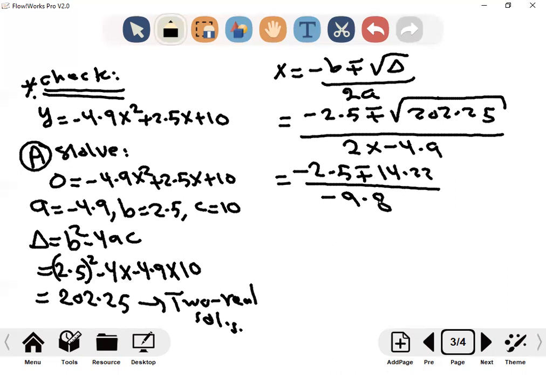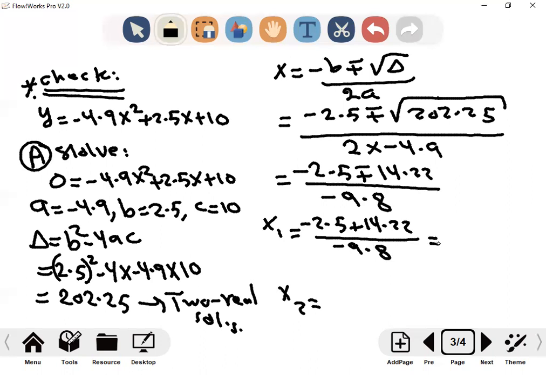Now I will take the positive side and the negative side to find the two real solutions, right? So I have x1 and x2. x1, take the positive: negative 2.5 plus 14.22 over negative 9.8 equals. Calculator. This should be negative, the answer.